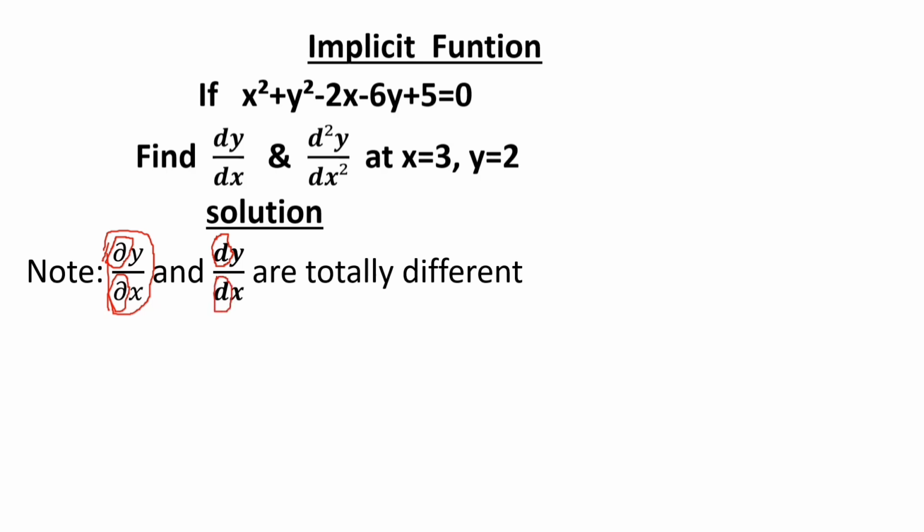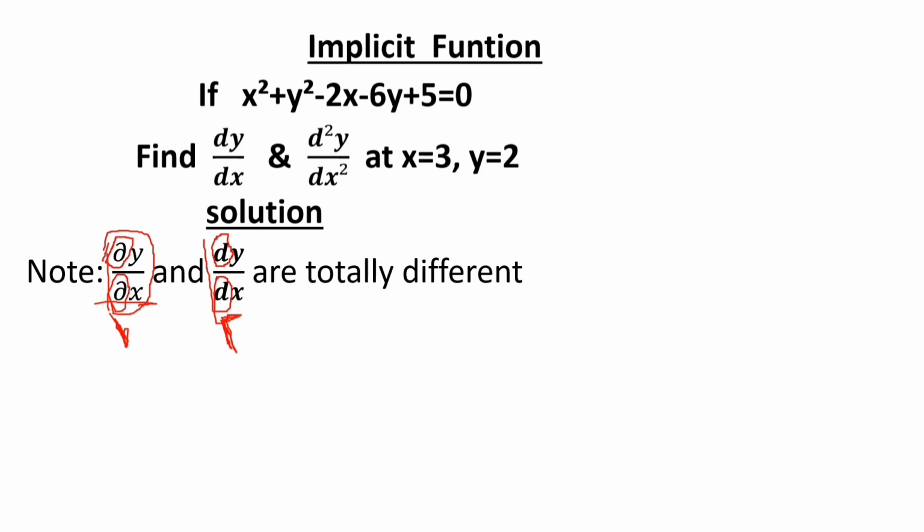Here, the way it is written is d, the normal way of writing d. Why is this one not like that? So this one at the left represents partial differentiation, while this one at the right represents the total derivative, or you can also use it for an implicit function like this.